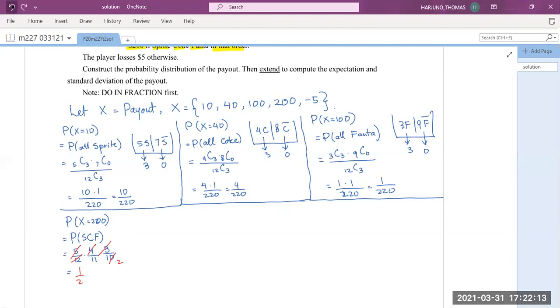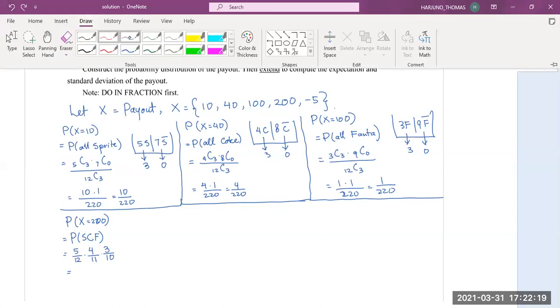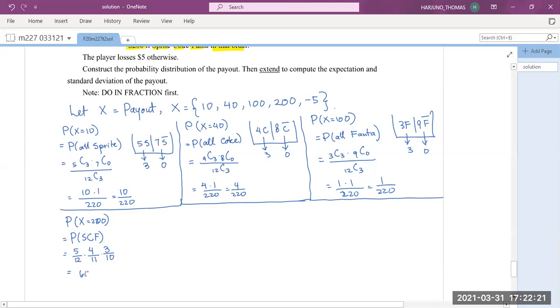Now, you can also just multiply them first and then reduce using your calculator, which I taught you before how to do. So this is 60 over 1320, reduce by 6, but I need over 220, right? 10 over 220. That's the probability of getting $200.